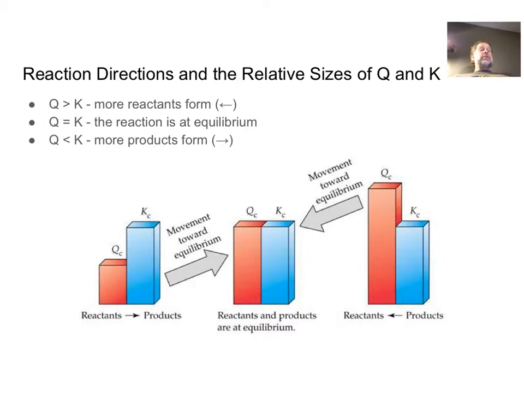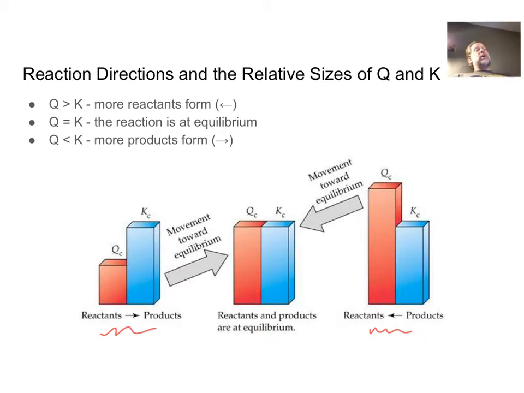If Q is smaller than K, we are moving towards products, and if Q is bigger than K, we have more reactants.